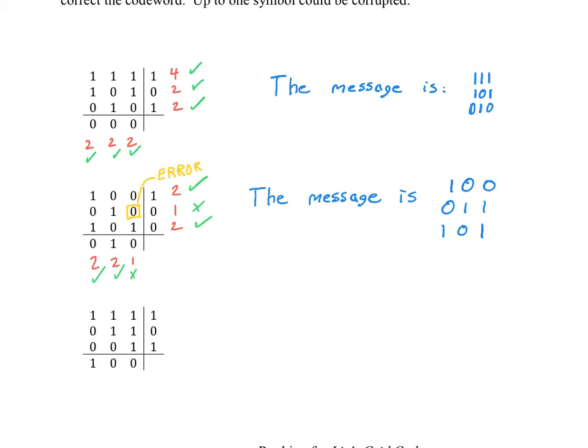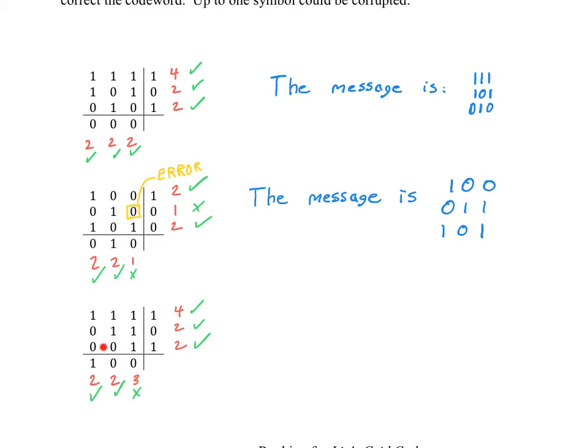So in the first row, we have 4, and then 2, and then 2, and then 3 and 2 and 2. So we'll give all the even numbers a check mark and the odd numbers an X to indicate that there must be a problem in this column.